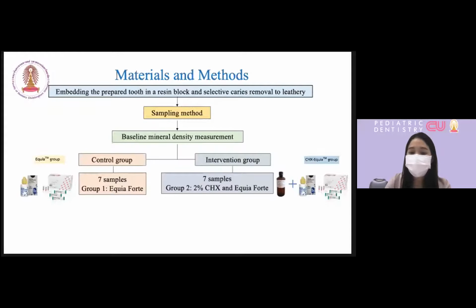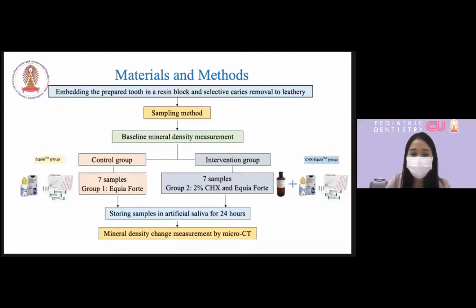Then, the cavity was treated with dentin conditioner 20 seconds before restore with Equiaforte and coat with petroleum jelly. All the samples were stored in artificial saliva at 37 degrees Celsius for 24 hours before micro-CT scanning.